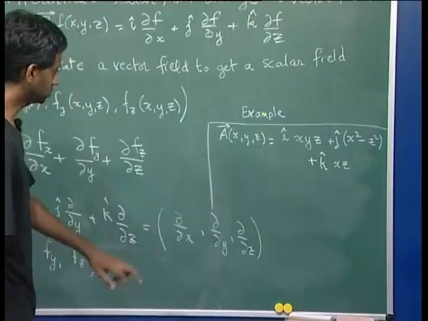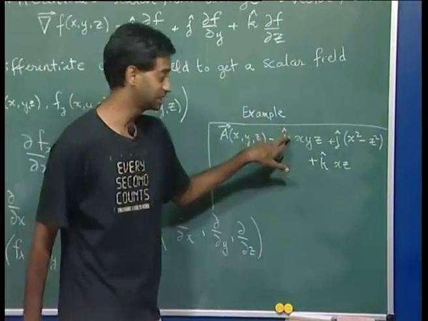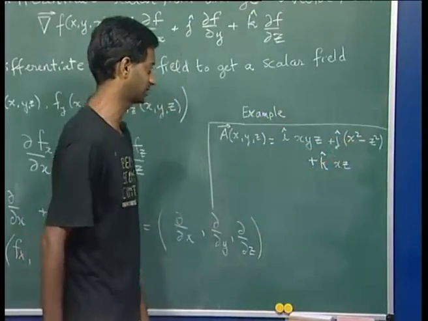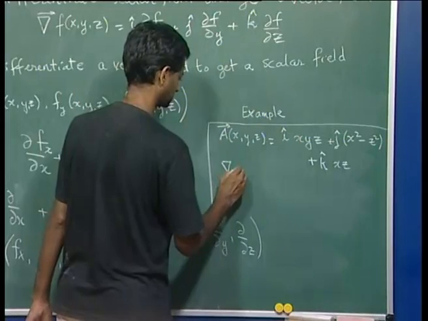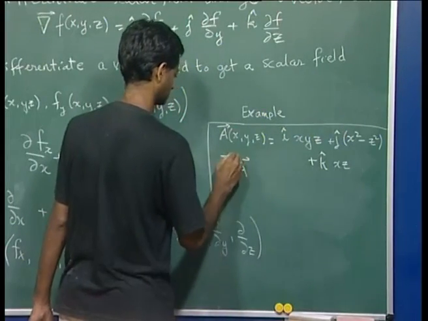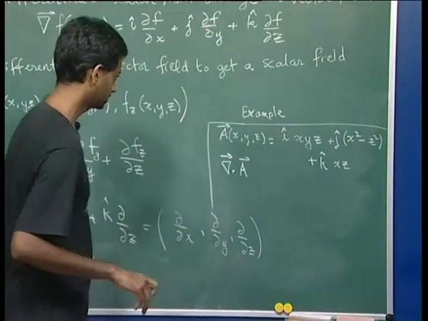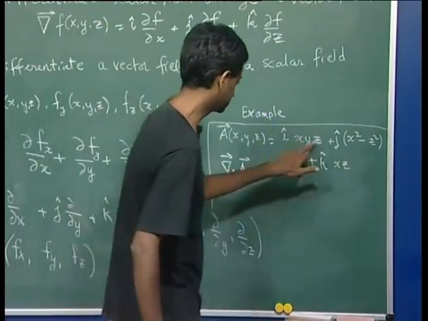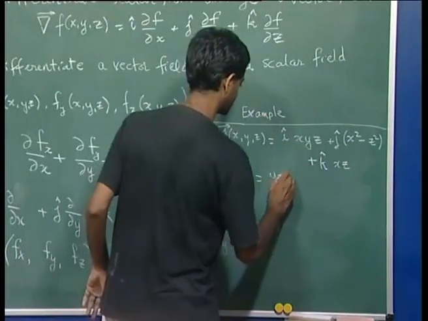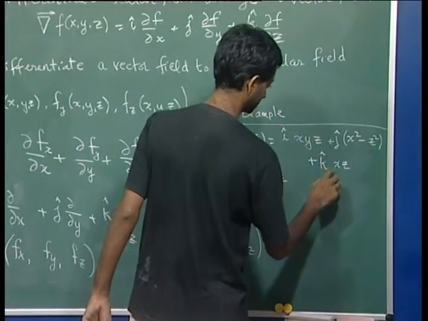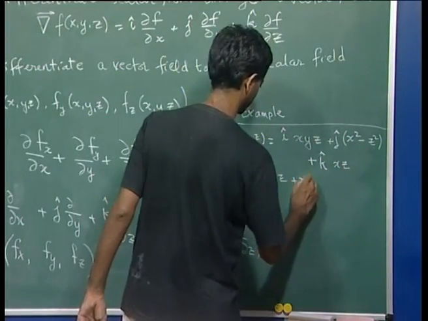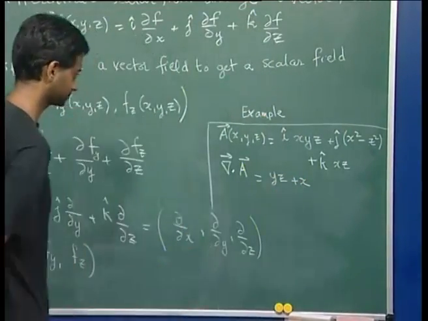So this is an example of a vector field where each of the components are functions of x, y, z, and if you take the divergence of this field, that means you take the derivative of the first component with respect to x, that will give you y z, plus the derivative of the second with respect to y, that will give me 0, plus the derivative of the third with respect to z, that will give me x. So, this is the divergence.